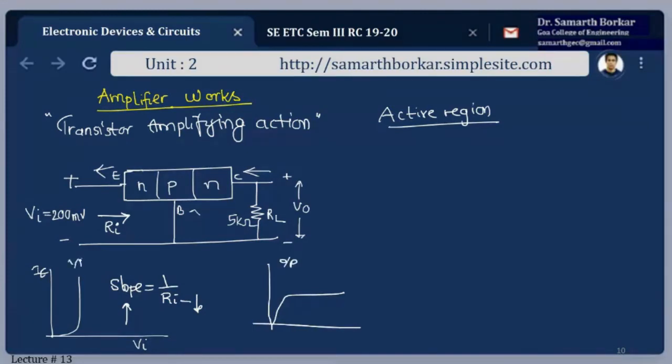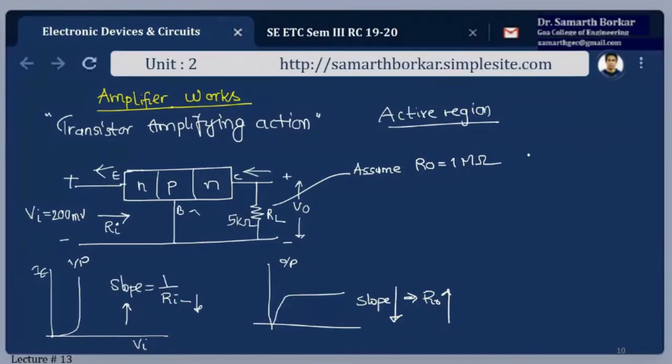Here the slope is nearly equal to 0. That means the value of R0, the output resistance, is high. It can be any big value. We can say R0 is 1 mega ohms.